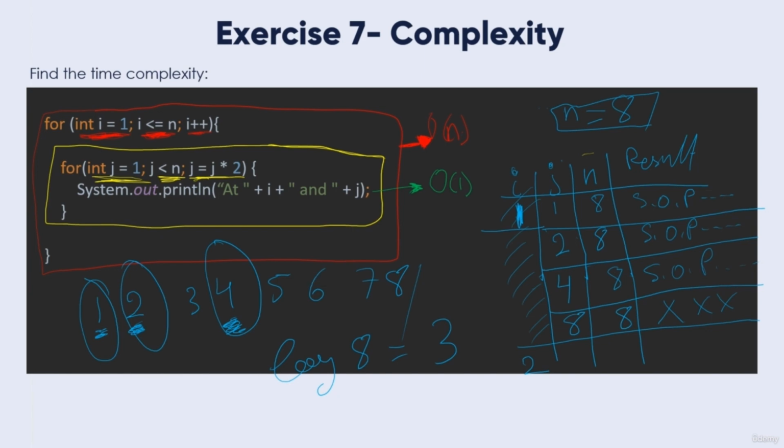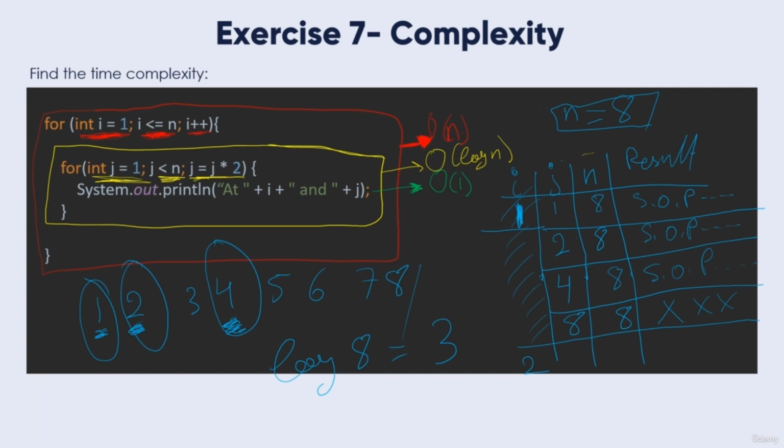Therefore, the complexity of this inner loop is O of log n, because if we give 8 numbers, we are choosing 3 of them. Okay? Therefore, we are executing this statement 1 times log n times n.